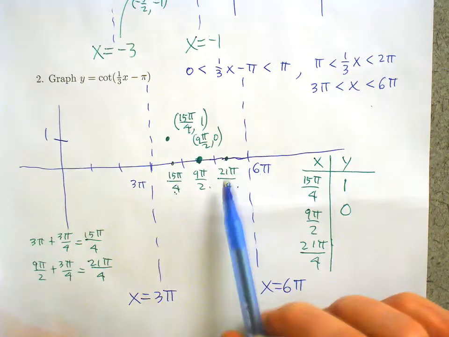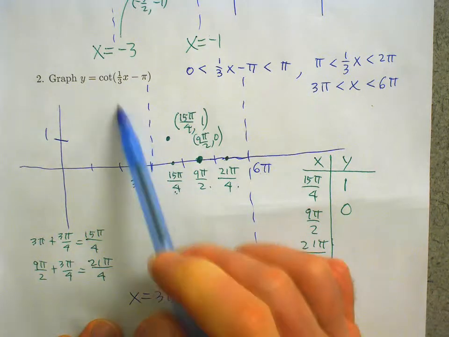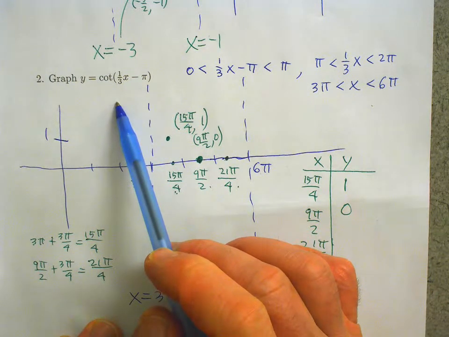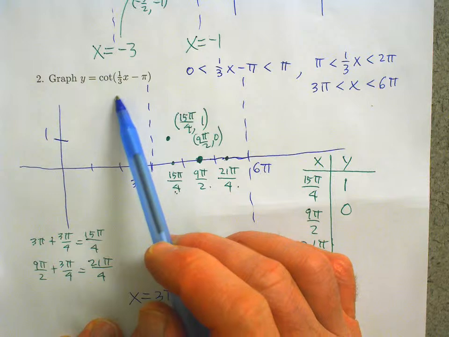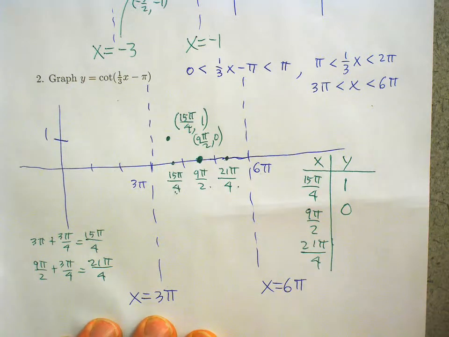And one more, when x is 21 pi over 4, 1/3 of 21 pi over 4 is 7 pi over 4. 7 pi over 4 minus pi is 3 pi over 4. And cotangent of 3 pi over 4 is negative 1.